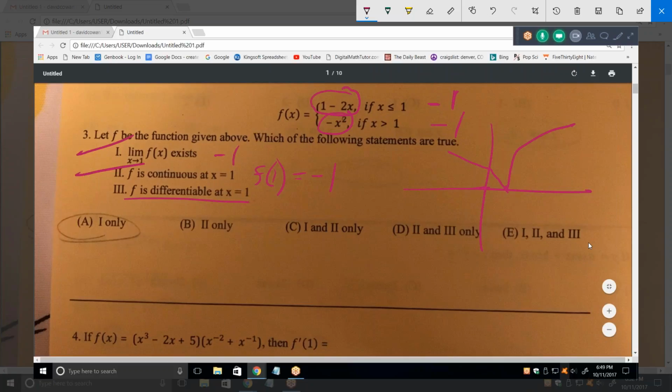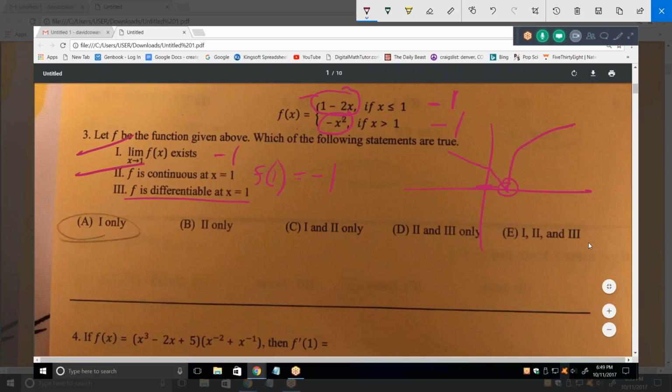But then you also have the one that's flat. So it's also going to be continuous because it's equal to that at that number, but it's not differentiable because the slope from the left is not the same as the slope from the right.